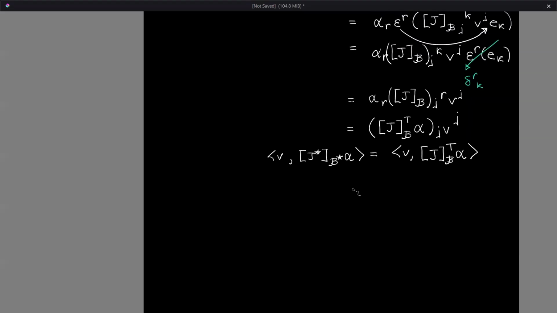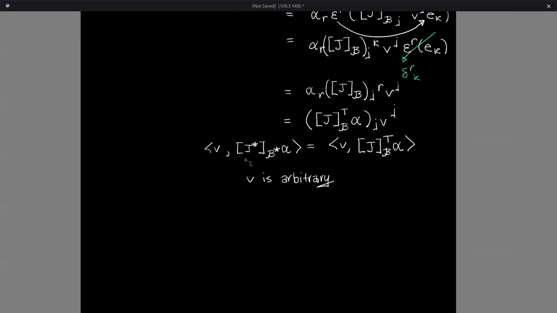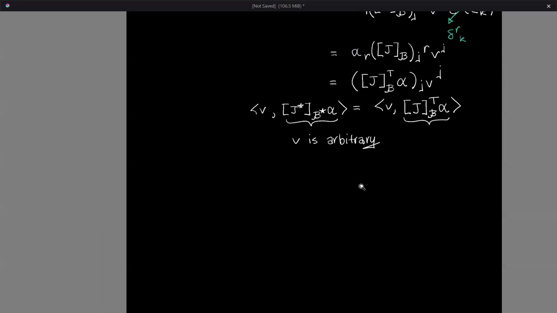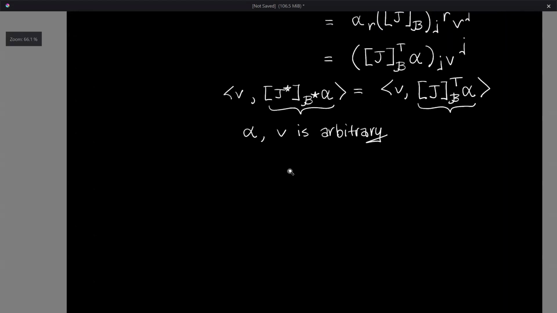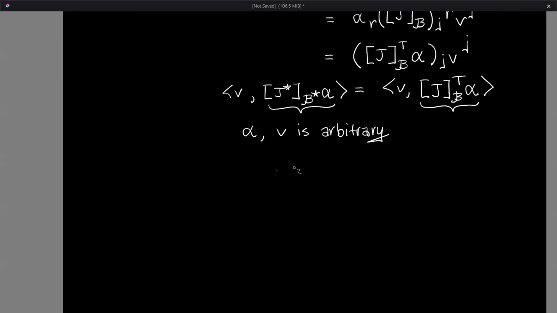Again, we're going to use the same idea that we used last time, which is that V is arbitrary. Since V is arbitrary, we know that these two must be the same. Alpha is also arbitrary, so we can equate the matrix elements with each other.